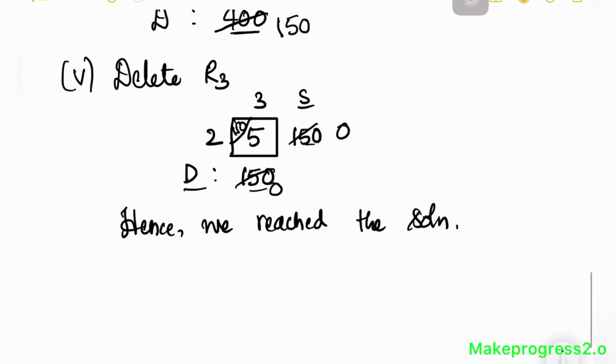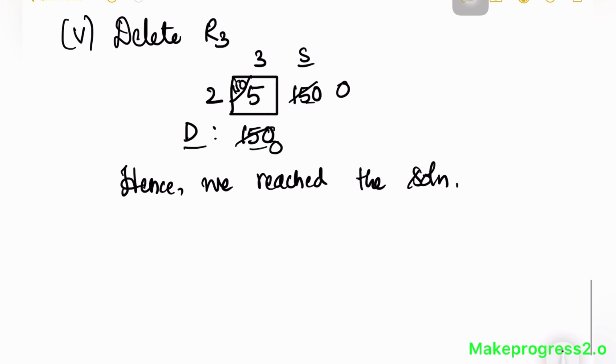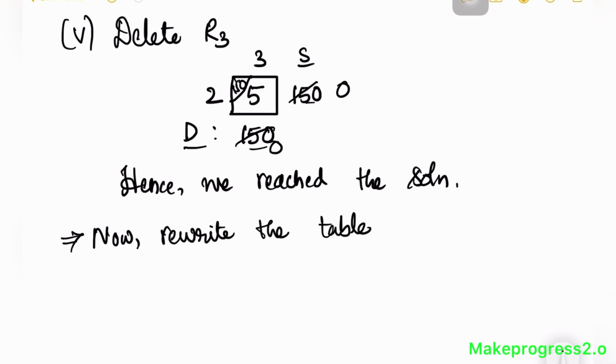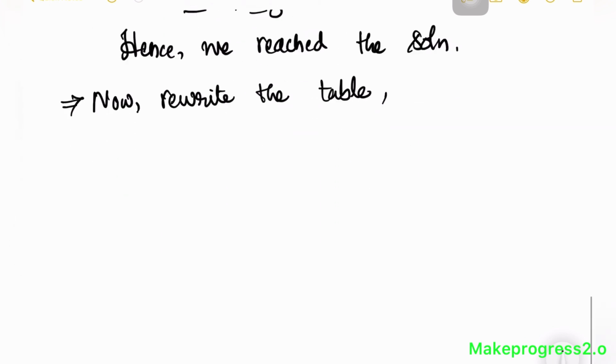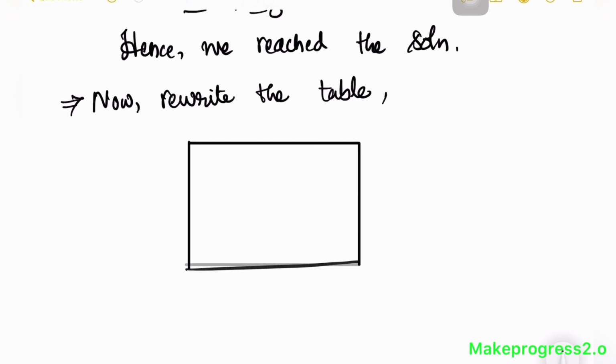So we have to rewrite the table again so that we could find the minimum cost of the transportation. So now rewrite the table. If you redraw the table again, first they have given it as 4 columns and 3 rows.